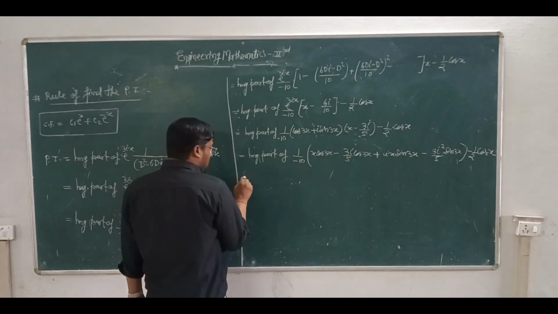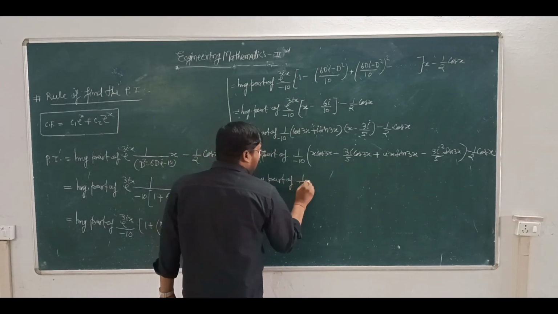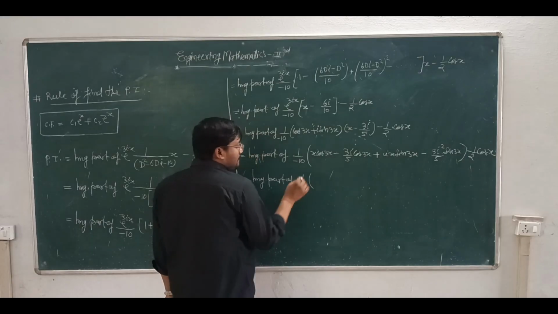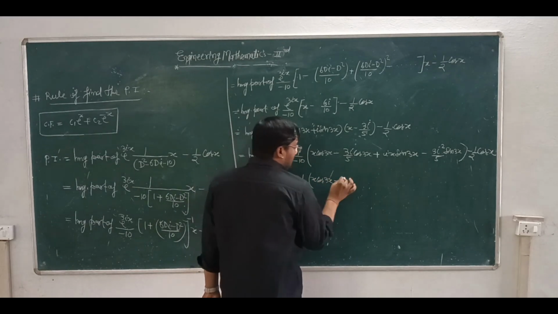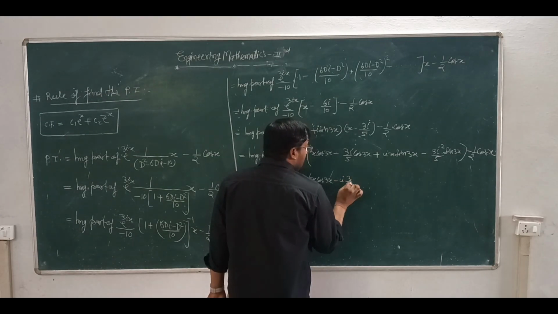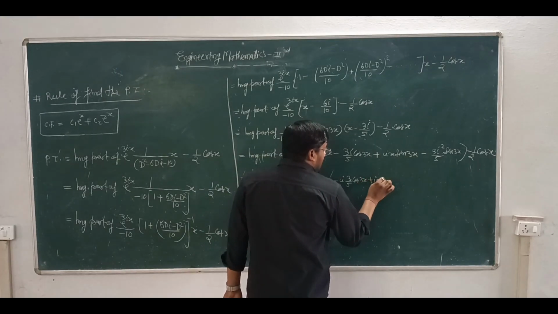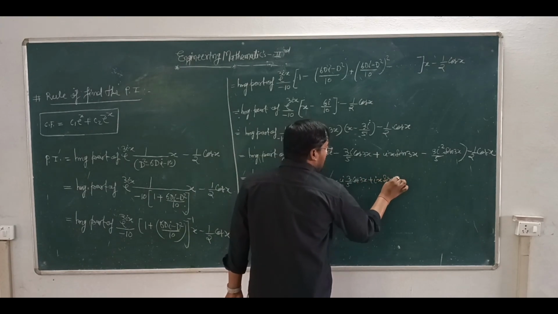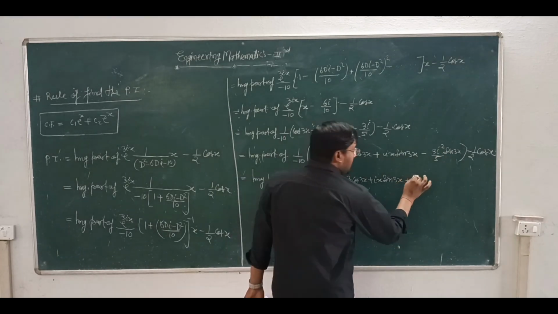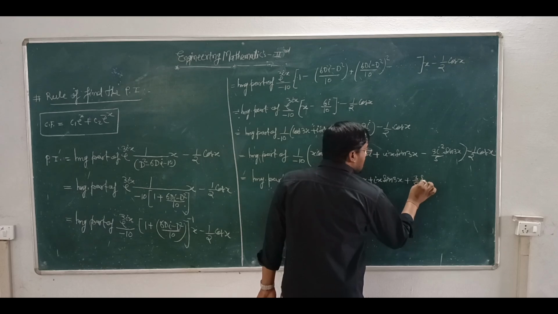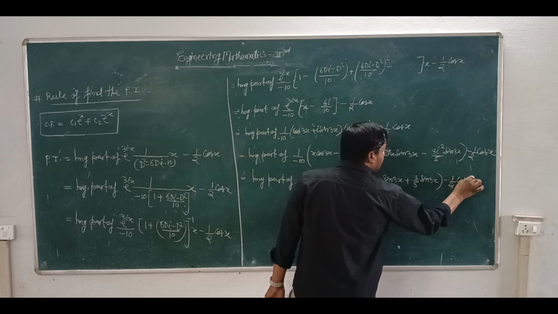Now you can simplify this function. You can write imaginary part of 1 upon minus 10 bracket x cos 3x minus i 3 by 5 cos 3x plus i x sin 3x minus plus, because i square is equal to minus 1, 3 by 5 sin 3x minus 1 by 2 cos x.